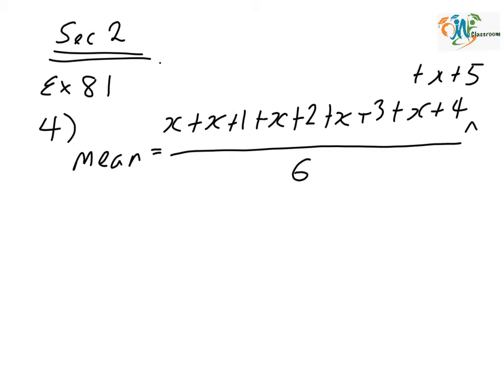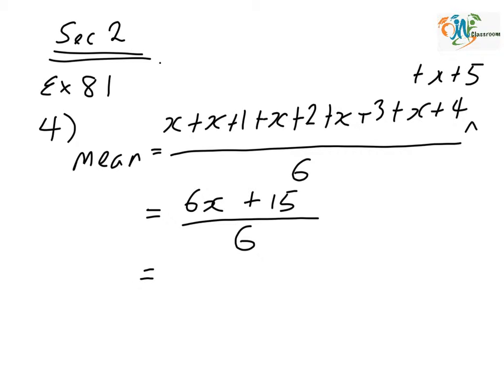Divided by 6. Excellent. Okay, so now you work everything out in algebra. How many x do you have? 6x. So the numbers, when you add up, what do you get? 15 over 6. Is that okay?